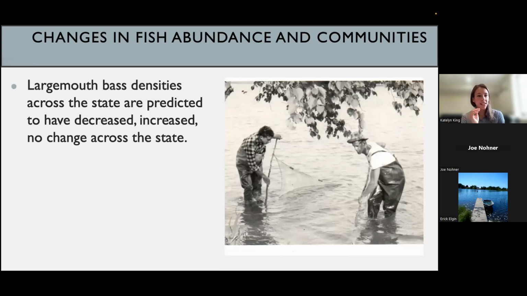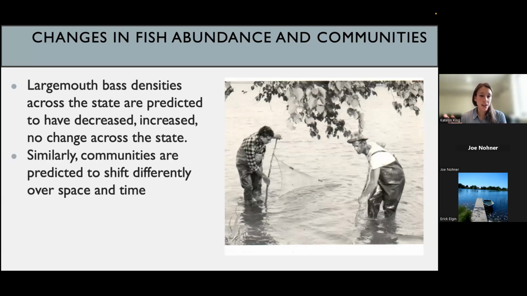So to summarize, over the past decades, largemouth bass densities we found across the state are predicted to have decreased in some areas. So in that southern part of the lower peninsula, they were increasing in the northern lower peninsula, and the upper peninsula was mostly the same.